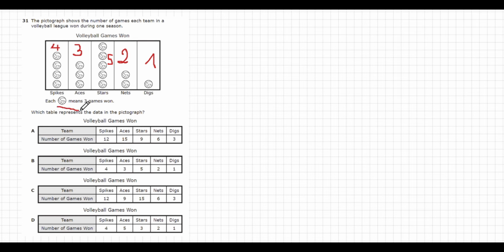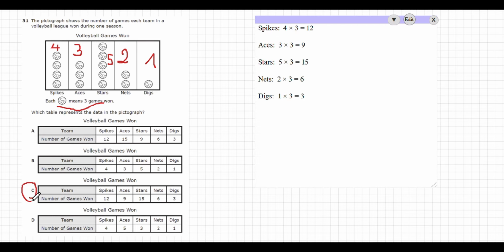Multiply the number of whole volleyball icons shown in each column by 3, and we will see the number of games each team won. C is the correct answer.